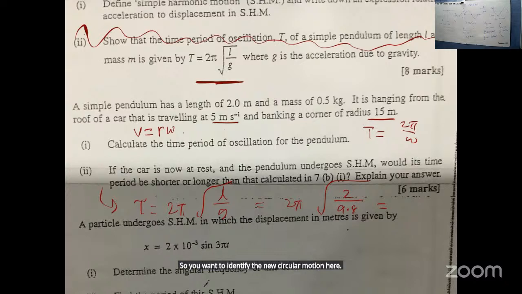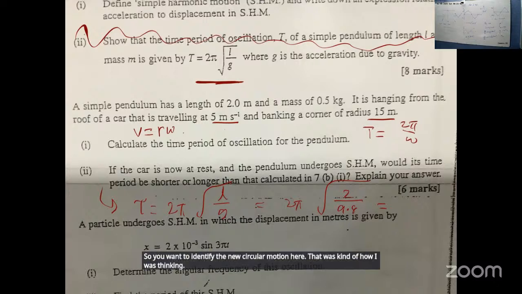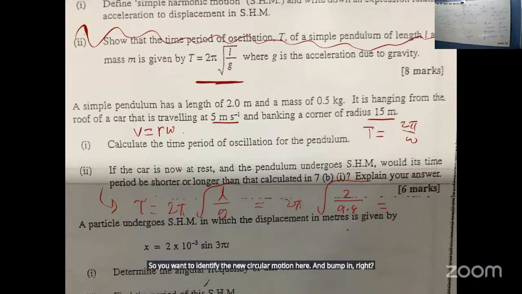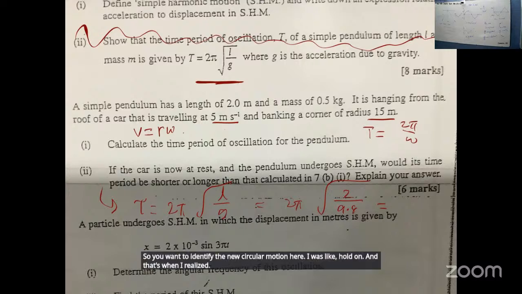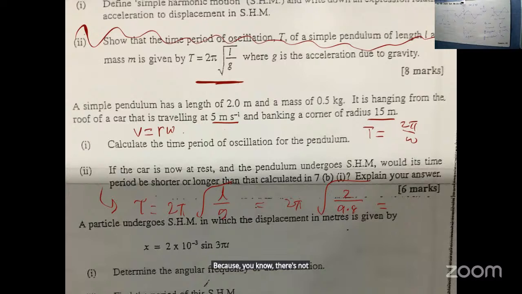Okay? Right? So you have to identify that you needed to use circular motion here. Every time they give us the readings, I realized that.